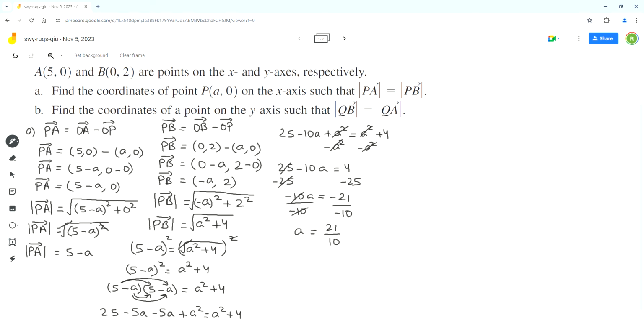So a equals 21 over 10. So point P is (21 over 10, 0). So this should be the final answer for part A.